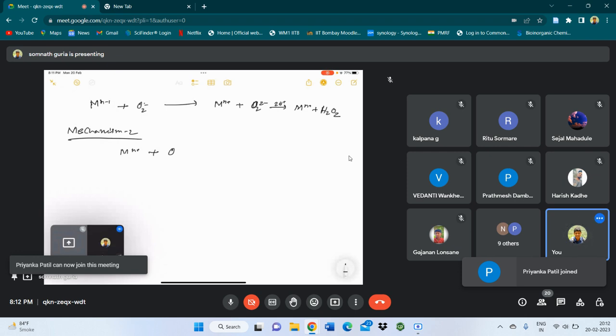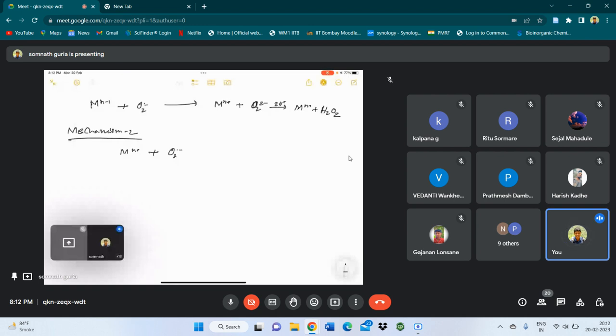Superoxide adduct product formed with O2 dot minus to form Mn plus superoxide adduct product, and this Mn plus superoxide adduct product again takes one superoxide and transfers the electron to themselves and forms the hydrogen peroxide and the oxygen.